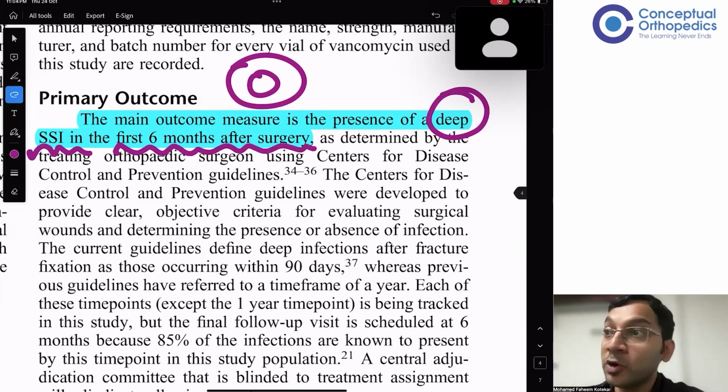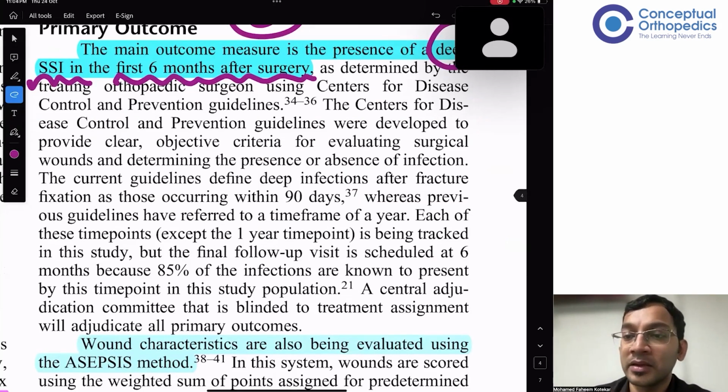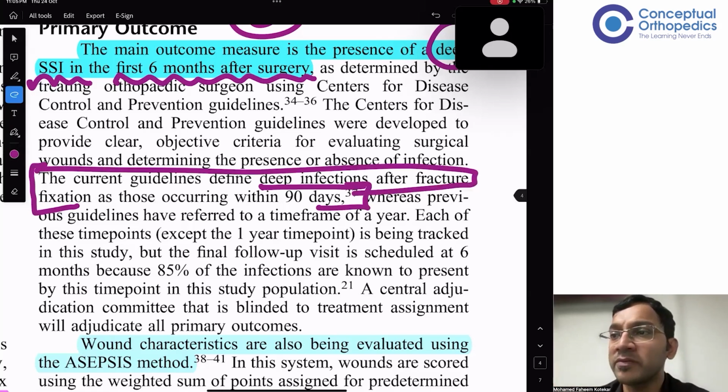Now, they have told deep SSI, but how do they want to describe how is it an SSI? Okay, so for that, they have used the CDC guidelines. That is, current guidelines define deep infections after fracture fixation as those occurring within 90 days. Okay, so this is your current guidelines of who is a deep SSI.